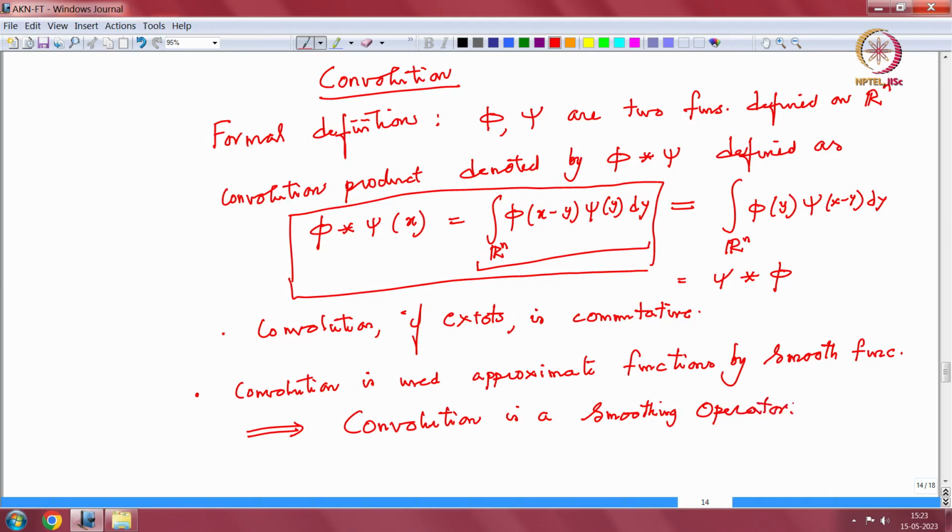In fact, we will even use convolution to approximate distributions by smooth functions. So, by convolving very bad irregular functions or distributions with some smooth function, the convolution will become a smoothing operator.